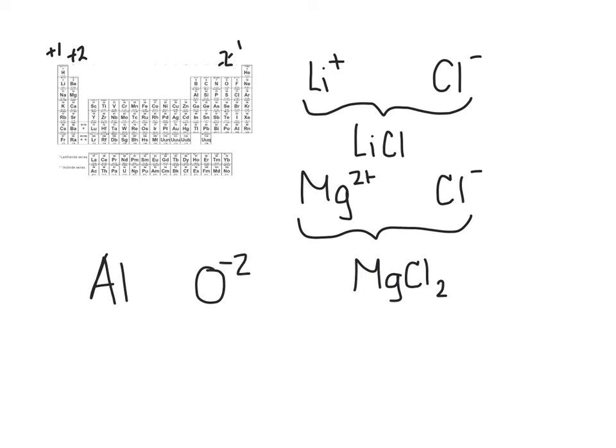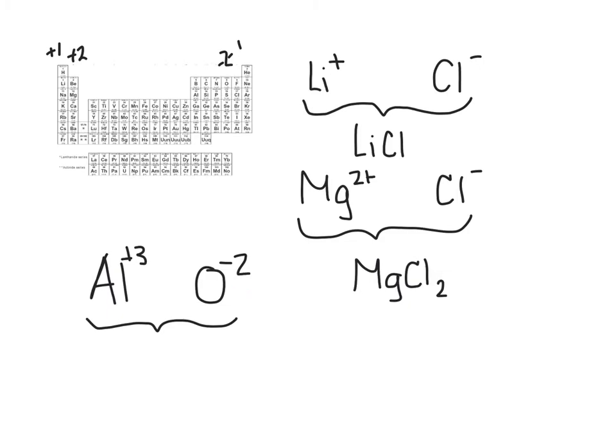Aluminum, which is in group 13, is going to have a +3 charge. So to make a neutral compound, we have to find some common divisors that will allow us to combine the right number of aluminums that are 3+ with the right number of oxygens that are 2- in order to get a neutral compound.